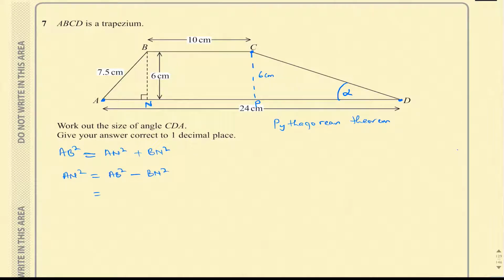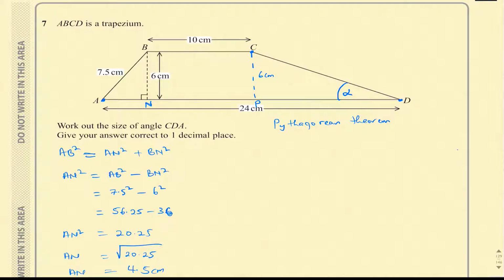Now AB squared is 7.5 squared minus 6 squared, and that will be equal to 56.25 minus 36. So that will be equal to 20.25, and that's AN squared, where AN is the square root of 20.25, and that will give us 4.5 centimeters.